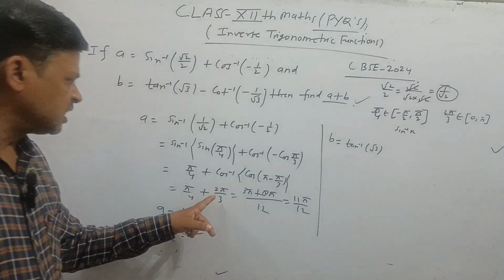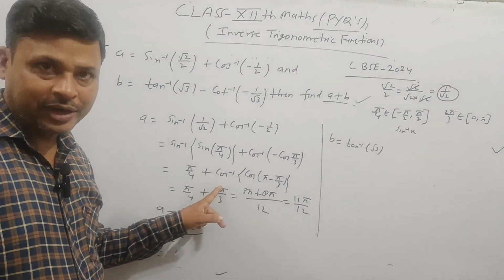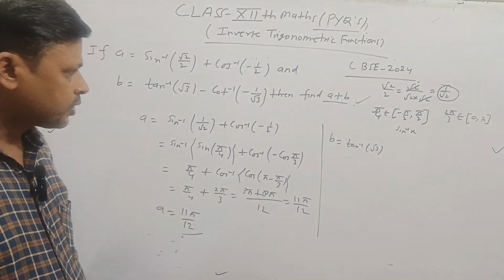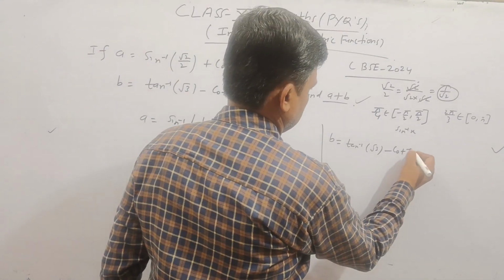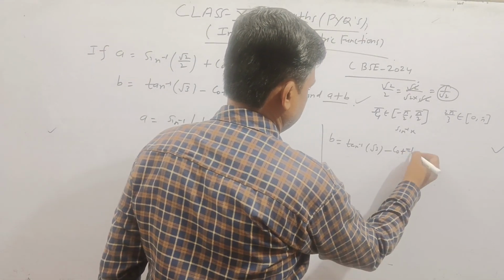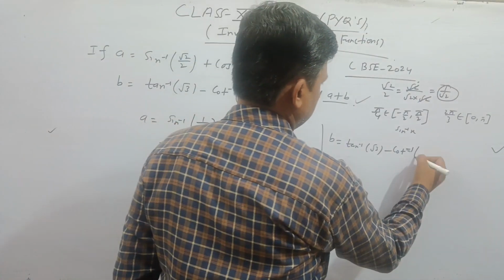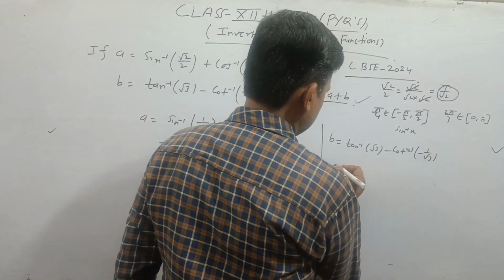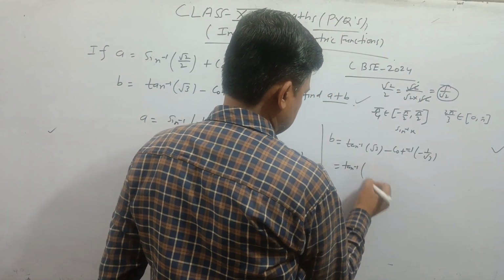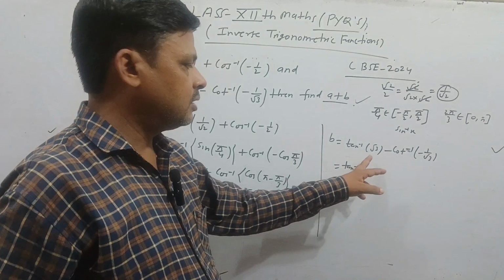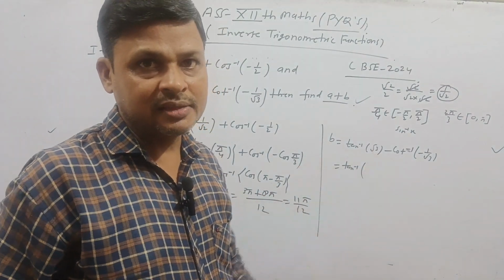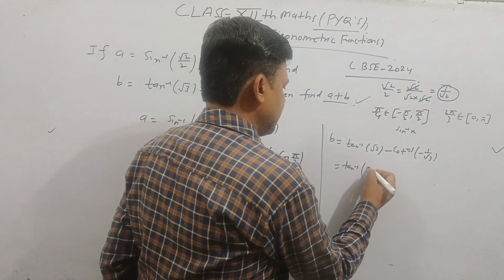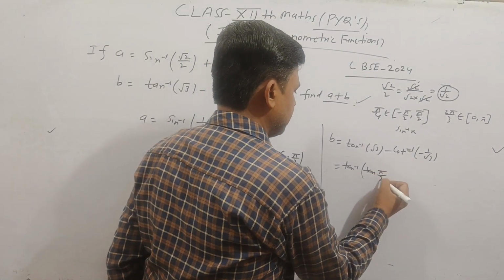So this principal value of cos inverse is okay, there is no doubt about it. In terms of tan, what is root 3? That is tan 60 degree or tan pi by 3 in radians. So we can write tan pi by 3.